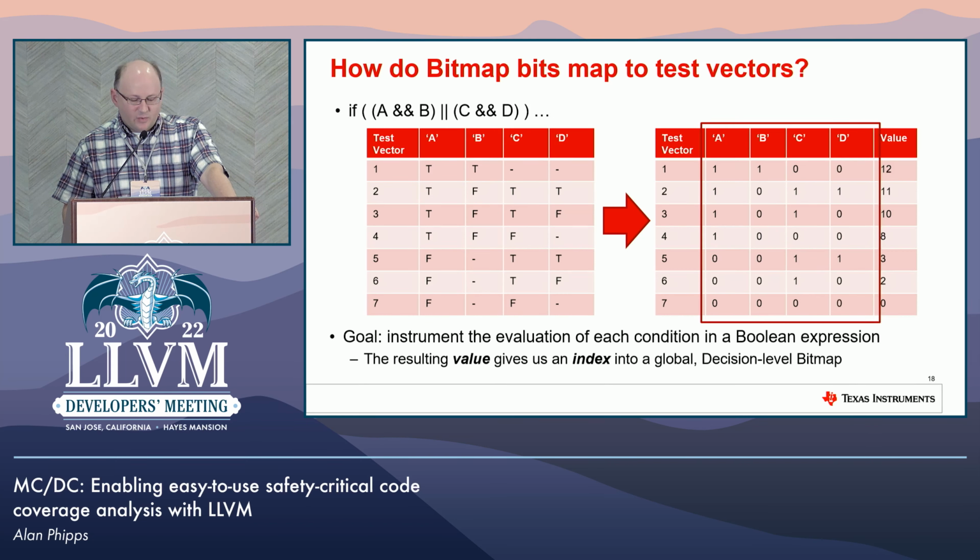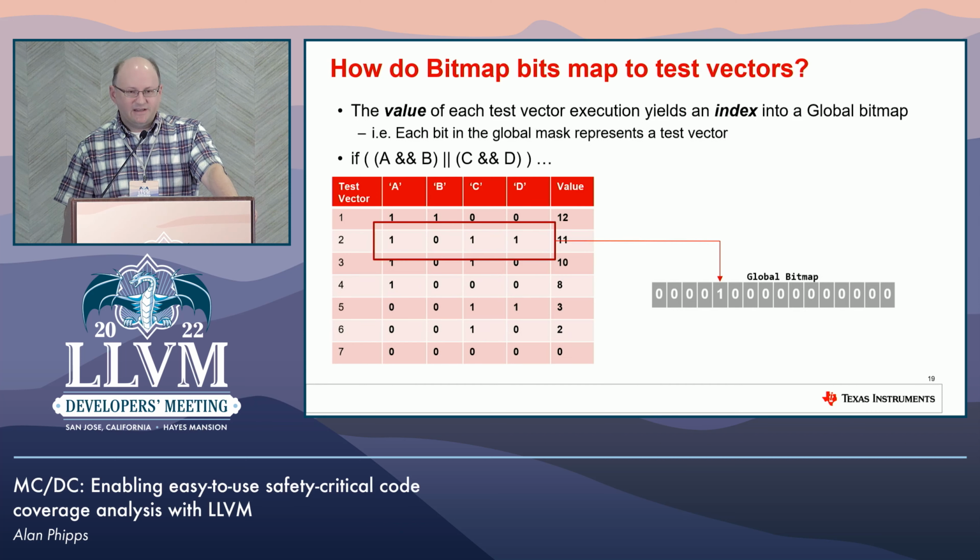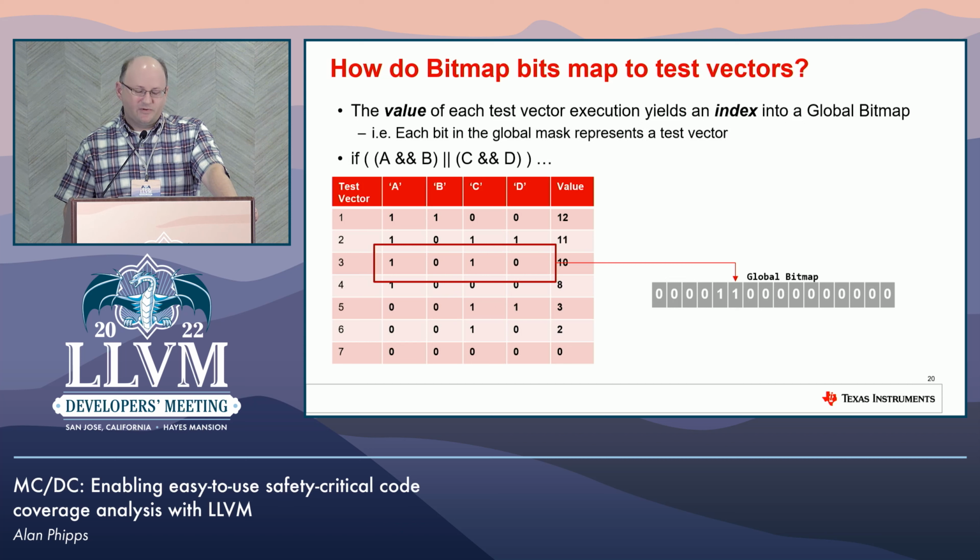And so basically, we instrument the evaluation of each condition in an expression. The resulting value gives us the index into the global bitmap. So in this case, if test vector 2 is executed, that gives us a decimal value of 11, so we simply set the 11th bit in the bitmap. If test vector 3 is executed, its binary value is 10, and we set the 10th bit in the bitmap. Simple as that.